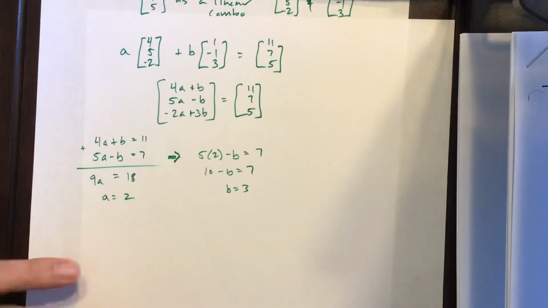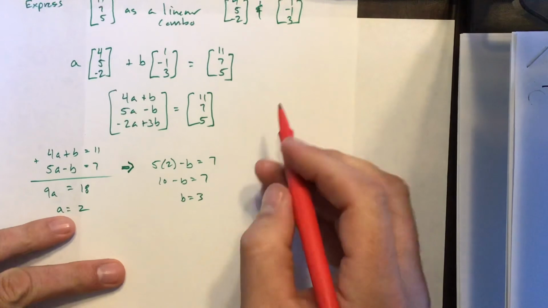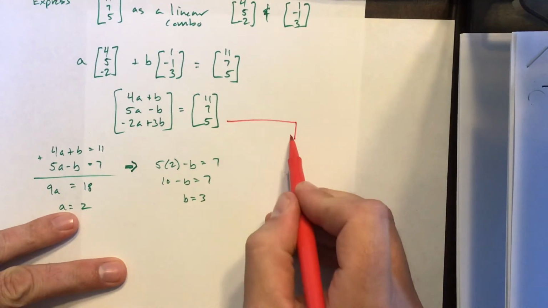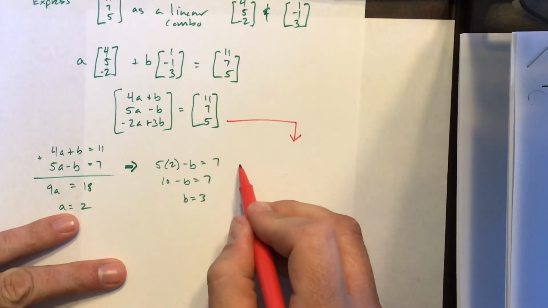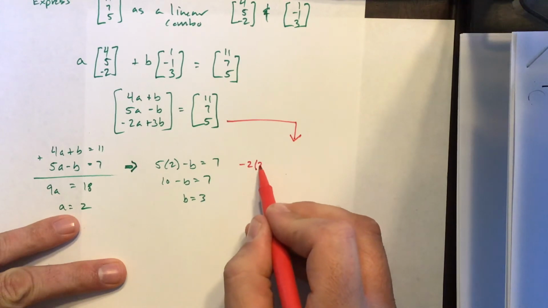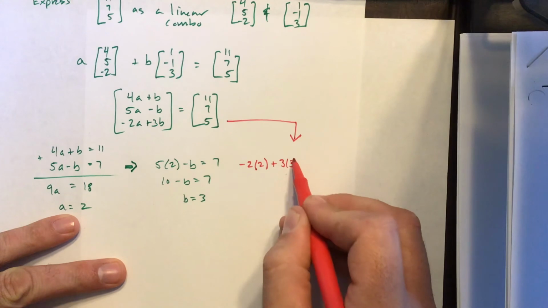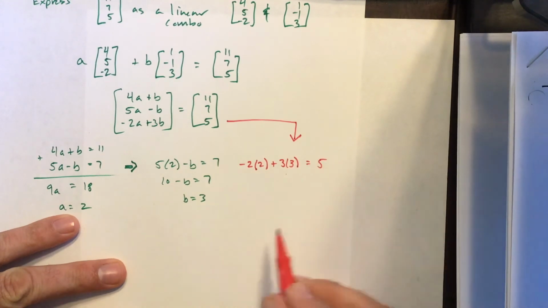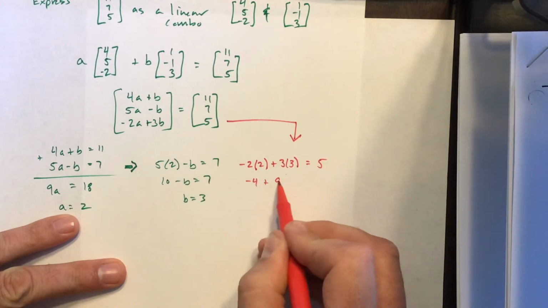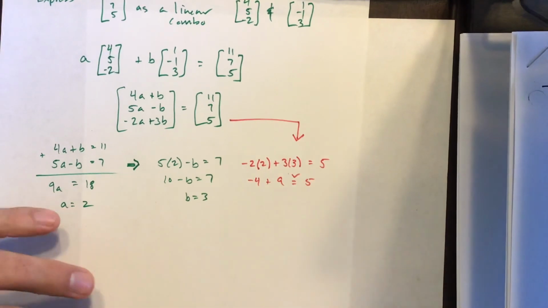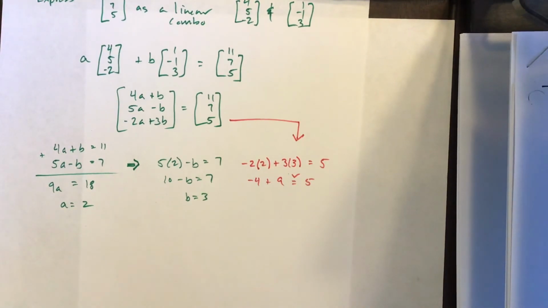I'll verify it in a different color. So taking this equation right here, I get minus 2 times 2 plus 3 times 3 is equal to 5, and that's minus 4 plus 9 is 5, and that's a true statement, so that works. Fantastic.